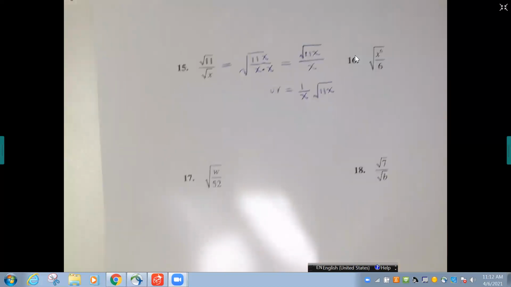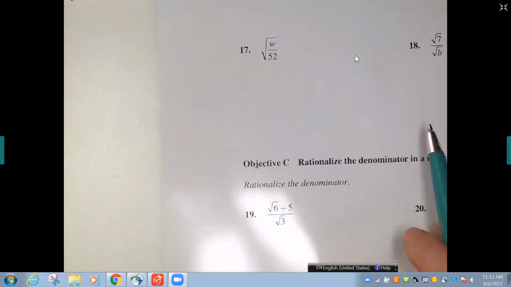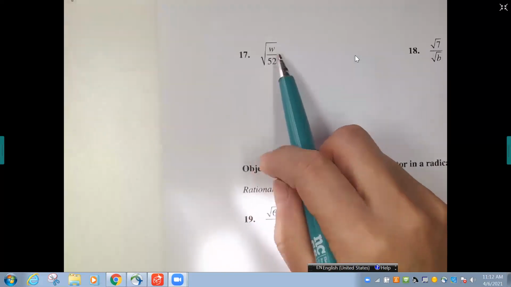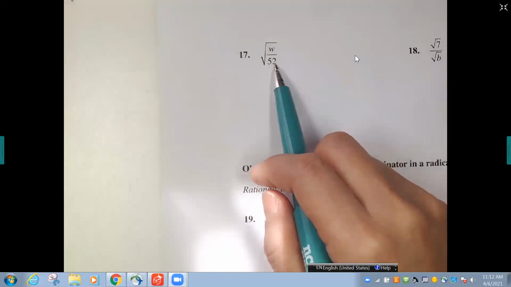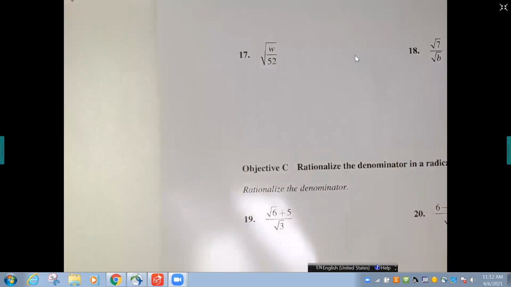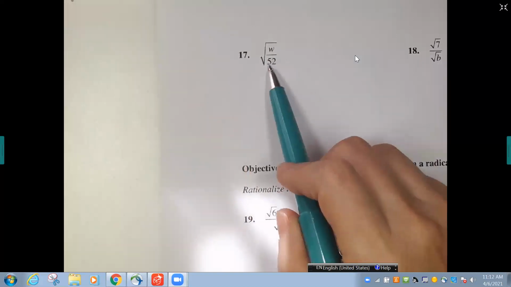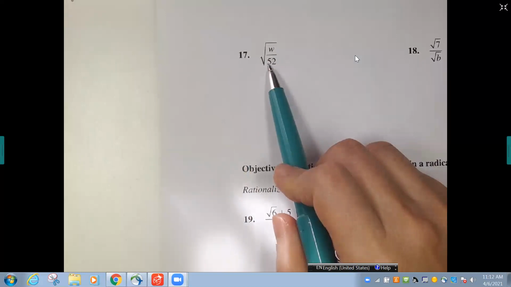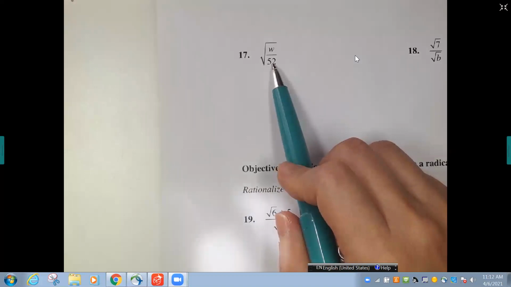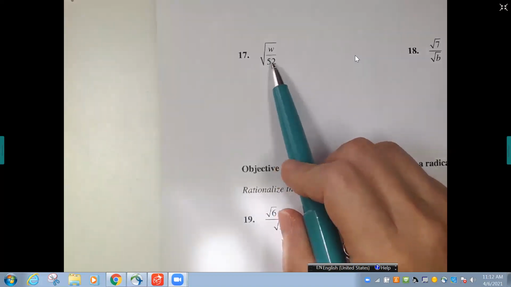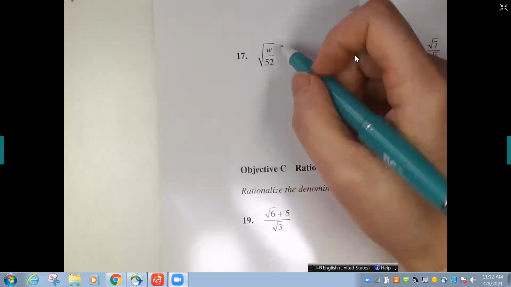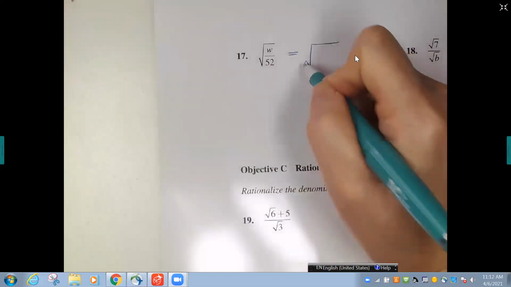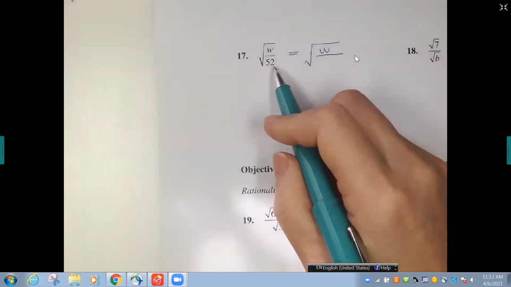All right, so now let's look at another example. What we have here is radical w over 52. And we know that we cannot move 52 out. So what should we multiply? Should we multiply by 52 directly? No. For this one here, we have w, and we factor 52 first.